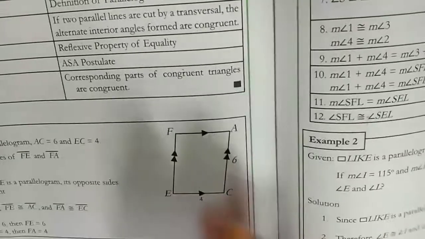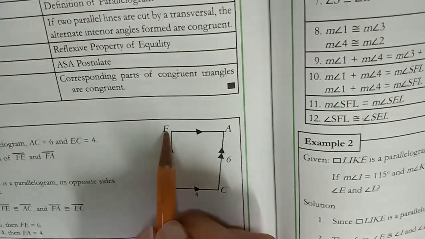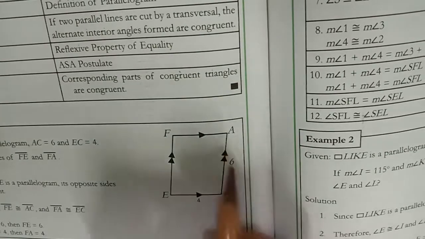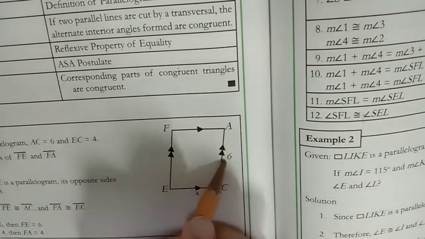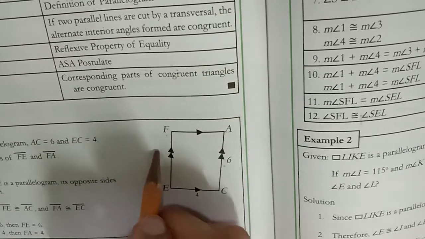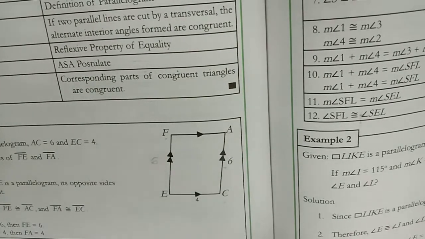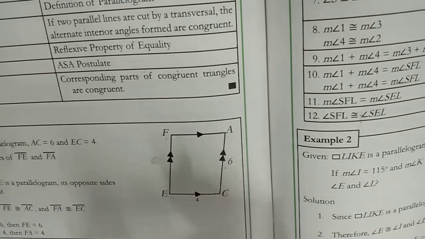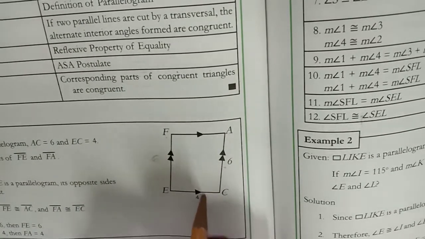So, if we have here quadrilateral FACE na kung saan parallelogram siya at si AC ay equal to 6, therefore, we can say that FE is also equal to 6. Same way, CE or EC ay equivalent sa 4.